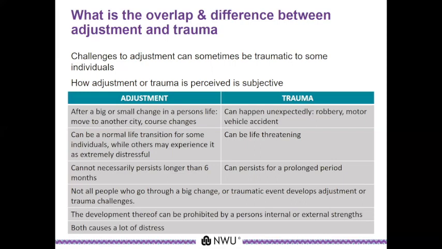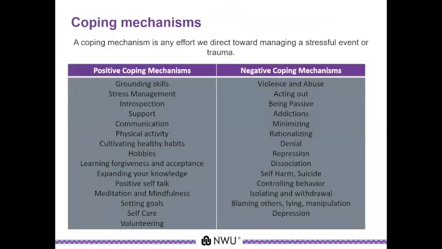The development thereof can be prohibited by a person's internal or external strengths, aka the coping mechanisms that I just spoke about. But it's very, very important to know that both of these cause a lot of distress. Distress referring to the internal feeling or psychological effects of it. So a person would experience themselves having a low mood or high anxiety or something along those lines.